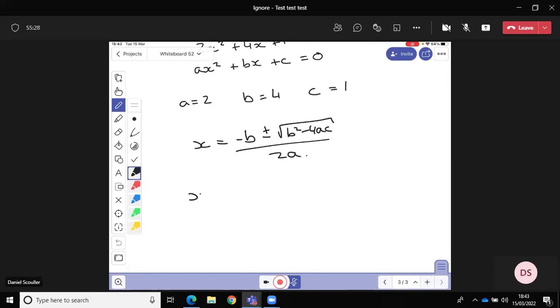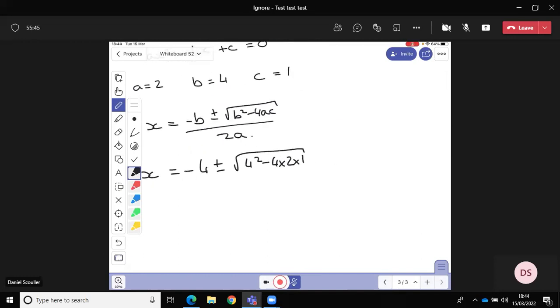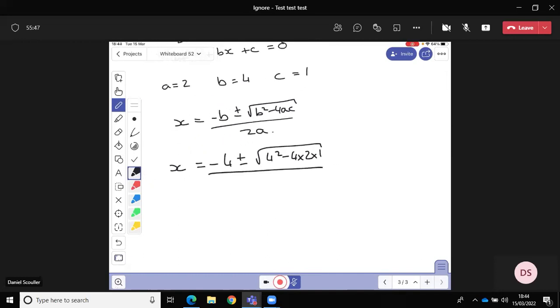So x is equal to negative b. B is 4, so 4 in there, plus or minus the root of 4 squared minus 4 times a, which is 2, times c, which is 1, over 2 times 2.